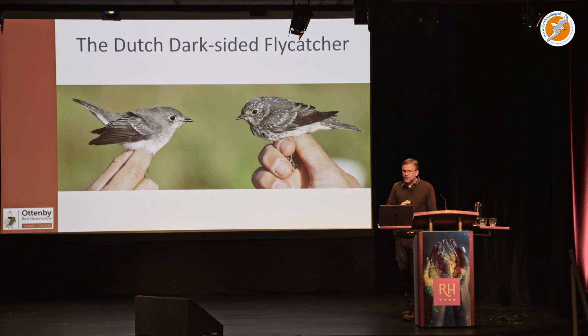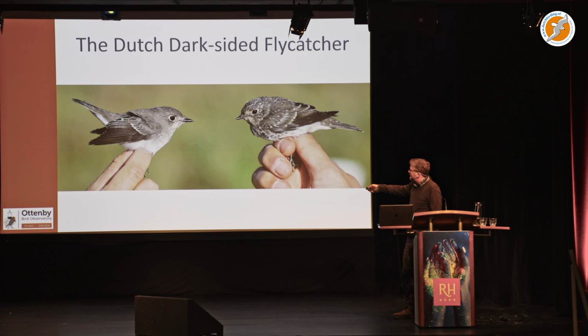Okay, by now we have concluded that the dark-sided flycatcher, this one, does not behave like some other relatives in Siberia. For example, the Asian brown flycatcher that we see here to the left.